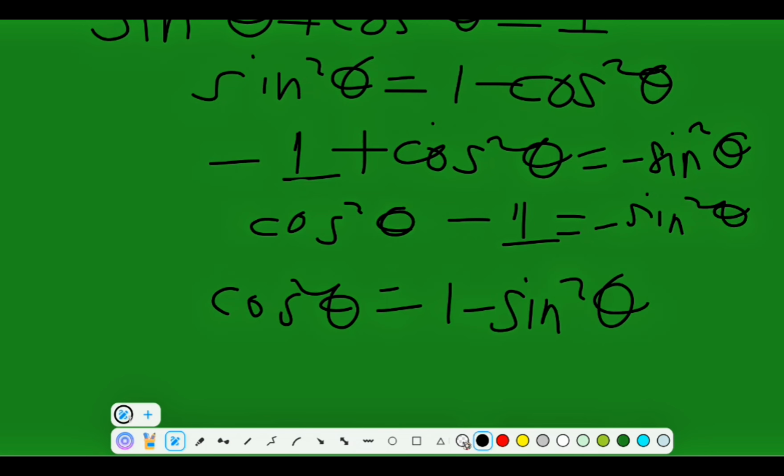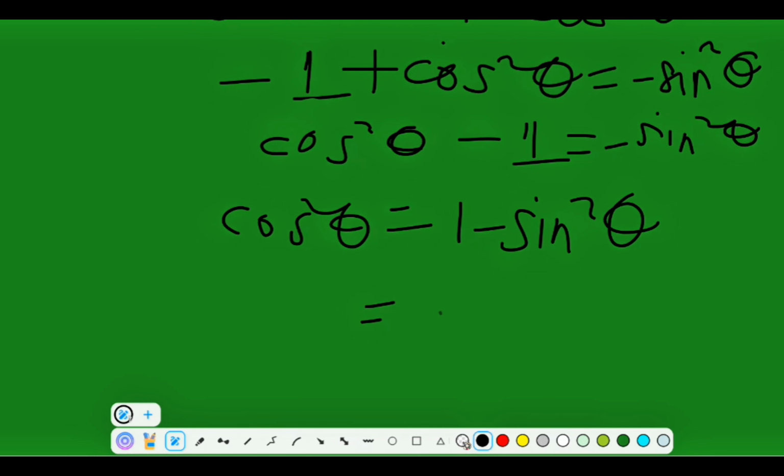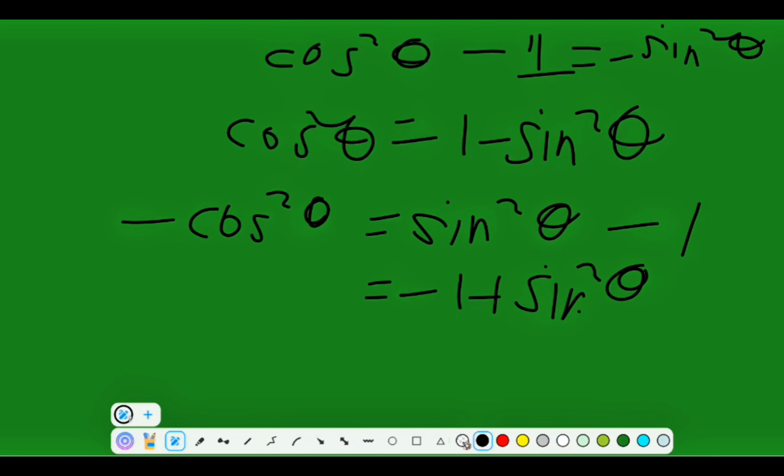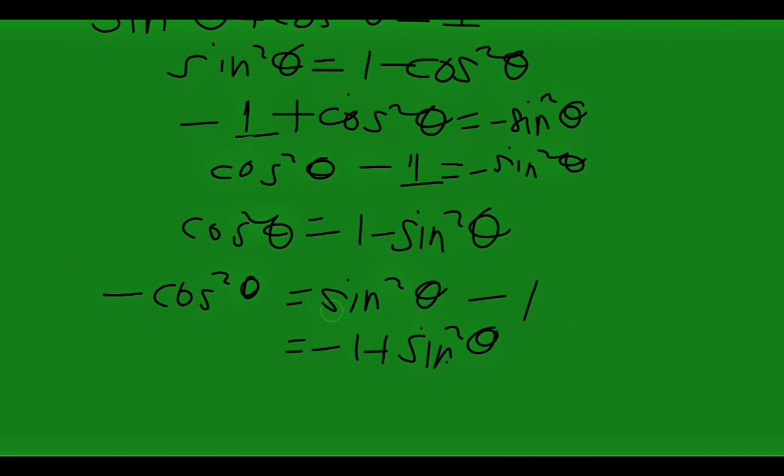And then again, sin squared theta minus 1 is equal to negative cos squared theta. Or you can say negative 1 plus sin squared theta is still equal to negative cos squared theta. Always remember this.